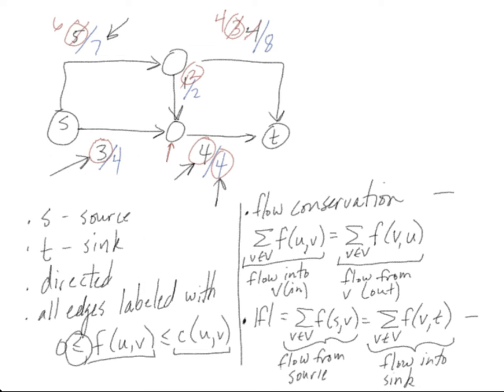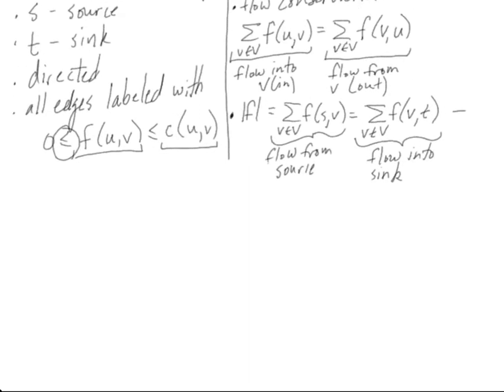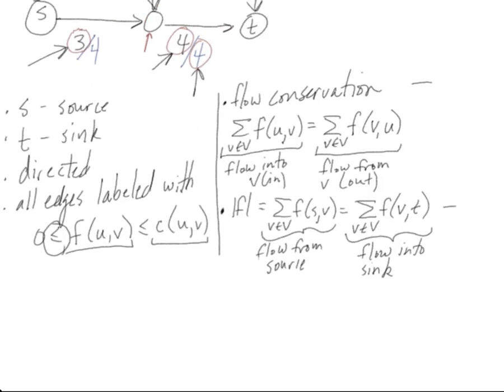They're equivalent to each other. If flow conservation is satisfied, then we're going to have the same amount coming out of the source as we have going into the target. Oh, and one other thing. Flow conservation except for S and T. Forgot to mention that.